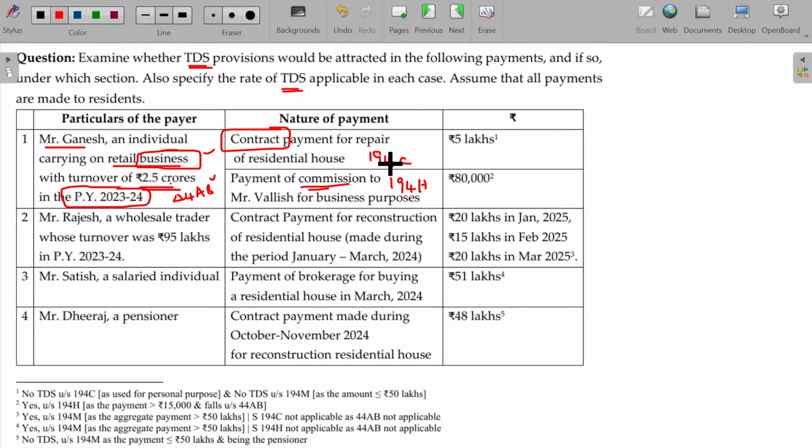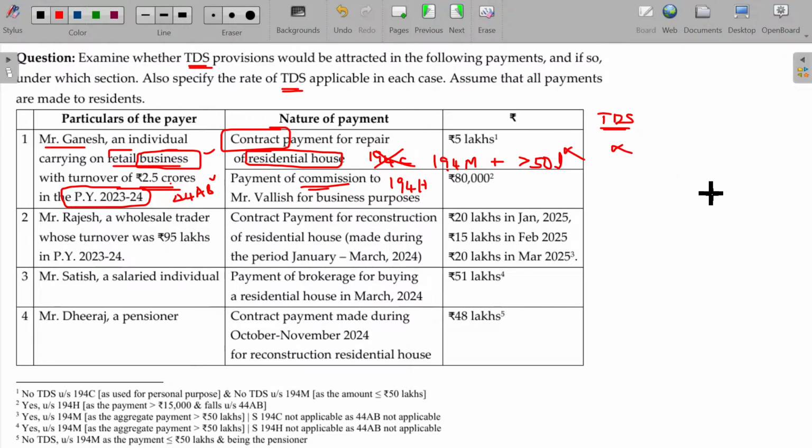Now, here though he is doing business, this is for residential house property. So 194C is not applicable. 194M is applicable, but 194M means the value should be more than 50 lakhs. So what about the TDS?